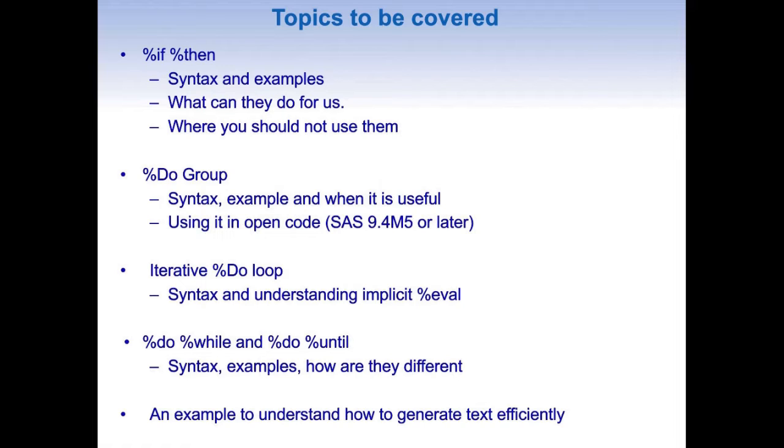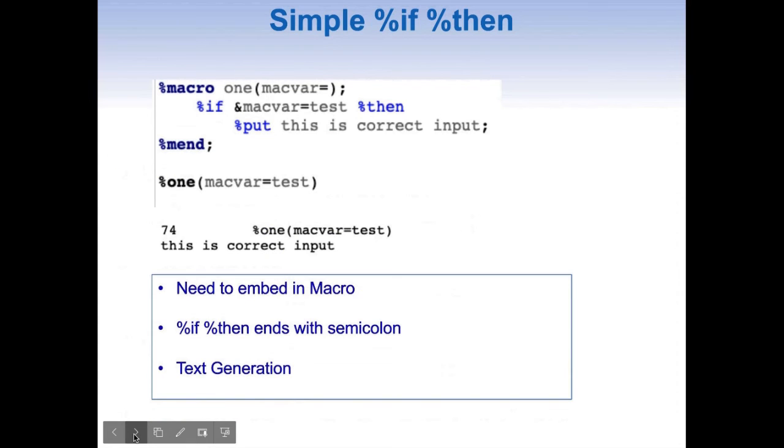We will also discuss one example in which I explain how to write the code more efficiently, that is, how we can write our %if %then statements in a better way so that we avoid redundant code.